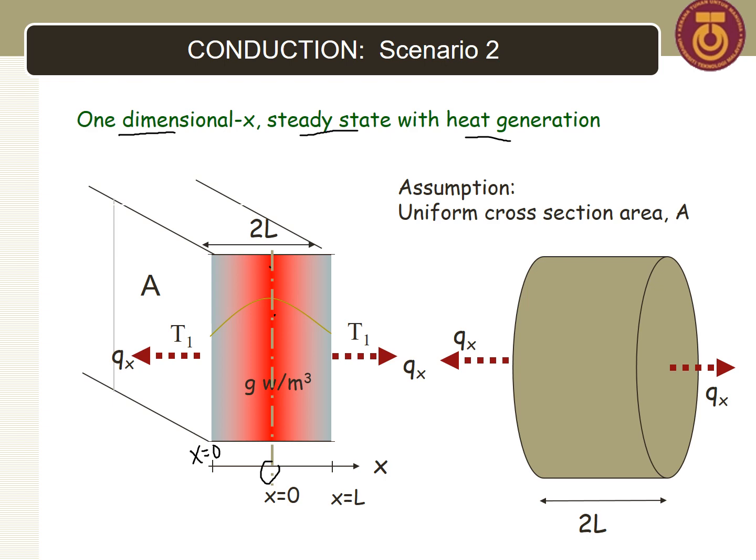If you see the center of this object, the color shows that the temperature here at the center is the highest. Why is it highest? Because there is constant heat generation taking place in this part.